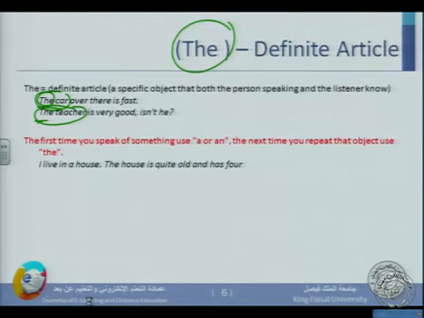For example, I live in a house. لاحظوا شو استخدمنا؟ أنا أعيش في بيت. لما كررناها مرة ثانية, once you repeat that object اللي هو house, نستخدم the. I live in a house. The house is quite old and has four doors, for example, or four floors, whatever.